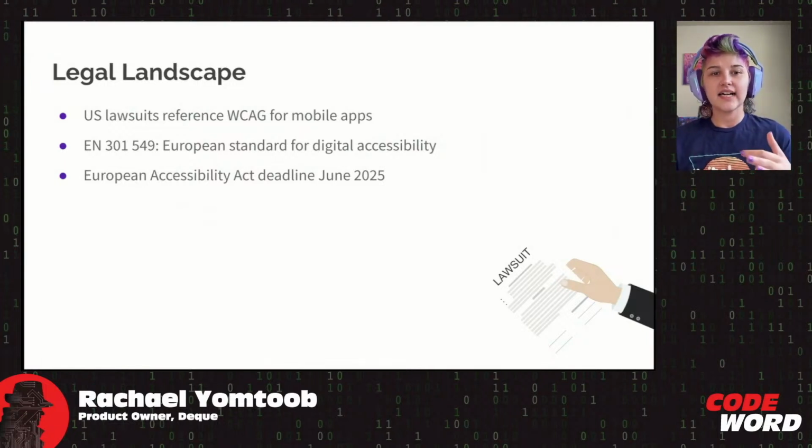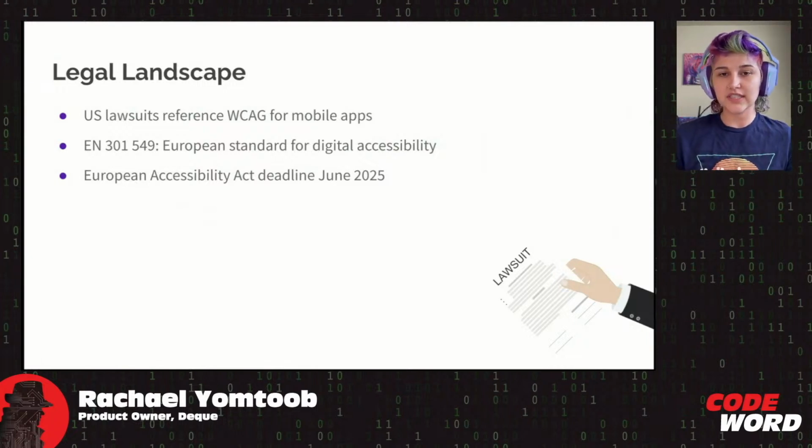So in the US, most of the lawsuits for digital accessibility of mobile apps do reference back to WCAG. As I mentioned, as opposed to referencing Apple and Google's guidelines, they do reference back to WCAG. And then in Europe, there's the EN 301-549, which is a European standard for digital accessibility, which does add some new guidelines that are additional for mobile apps specifically on top of what is available in WCAG.